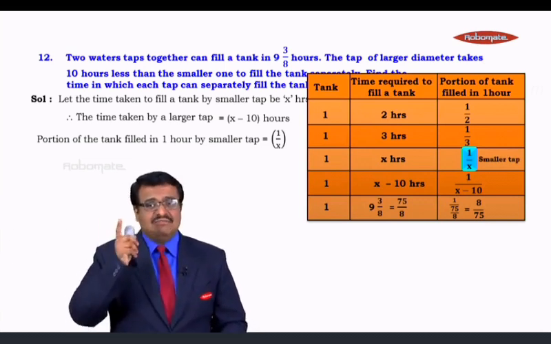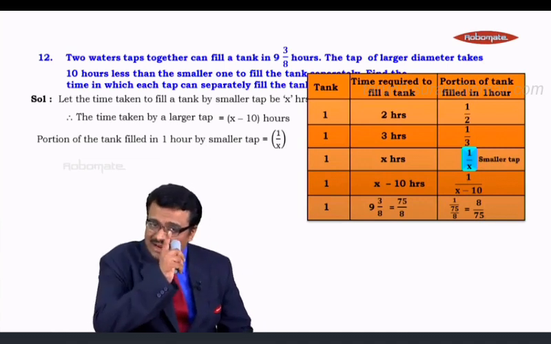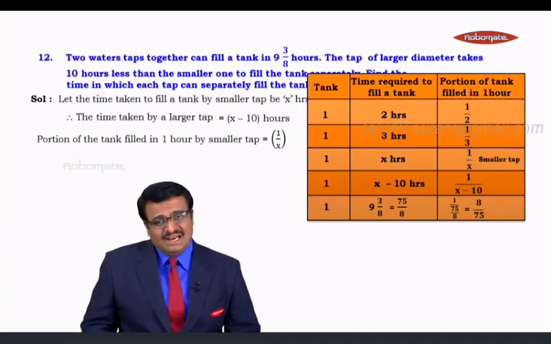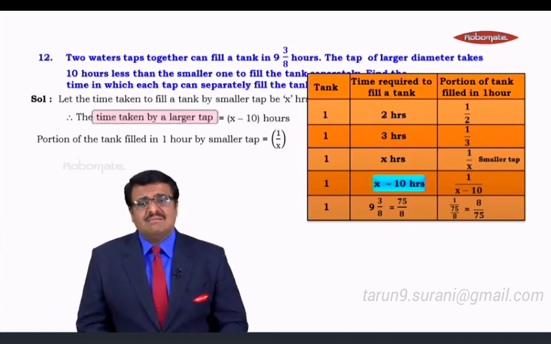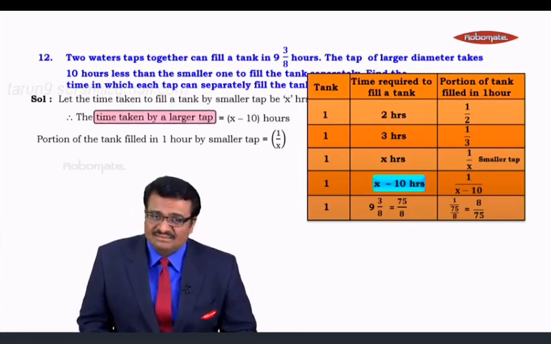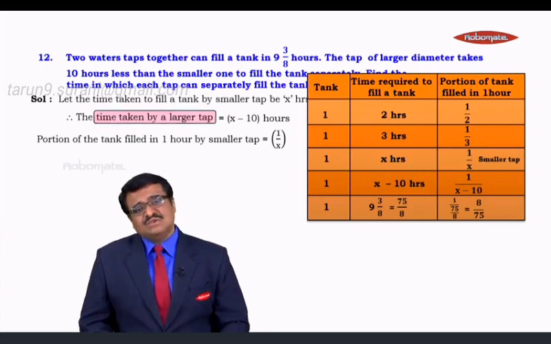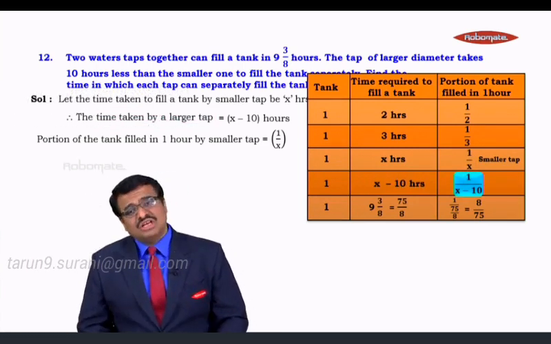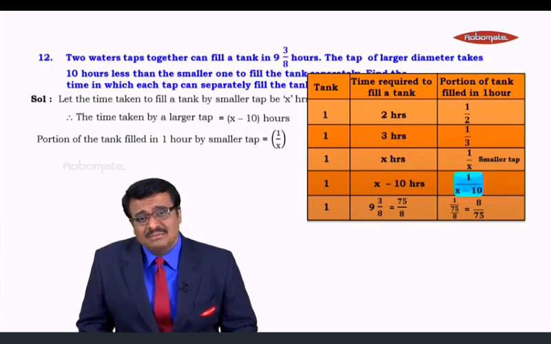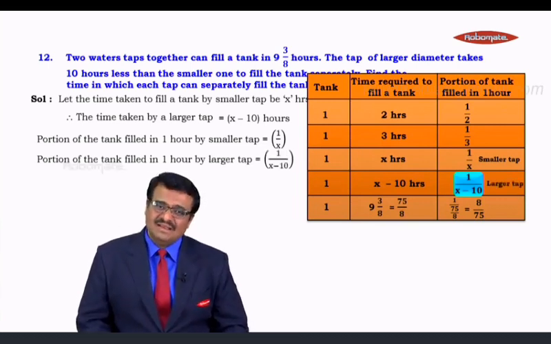So the portion of the tank filled in 1 hour by the smaller tap, how much do we get? 1 upon x. Similarly, x minus 10 is the time taken by the larger tap to fill the tank. Yes or no? So what is 1 upon x minus 10? 1 upon x minus 10 is nothing but the portion of the tank filled in 1 hour by whom? By the larger tap. Yes or no?